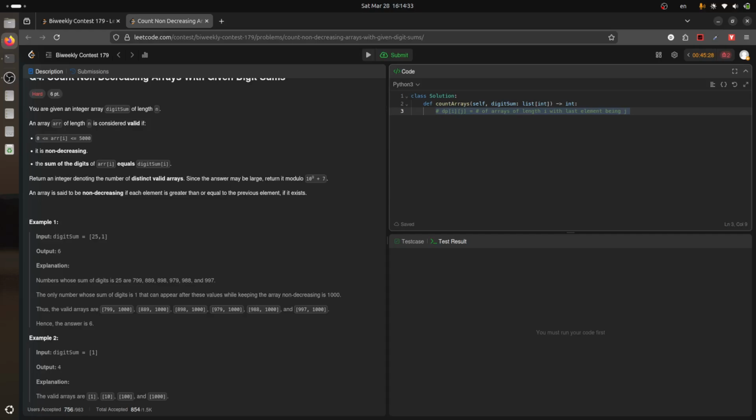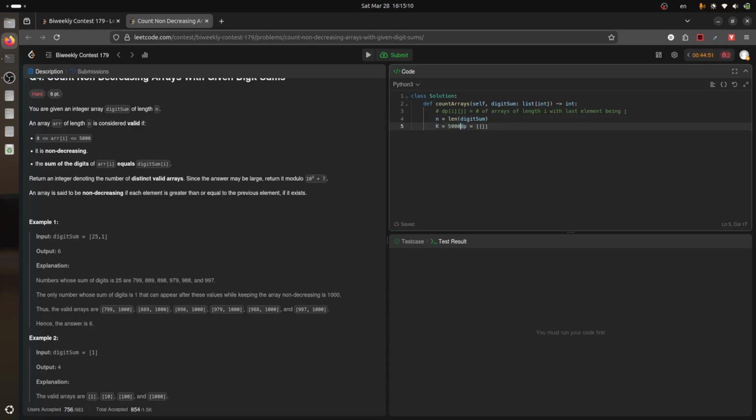That's it, because then the DP is easily solvable, since I just need to check the digit sum. And now what are the transitions? Well, we go for i minus 1, and it's the sum of arrays of whatever, right?